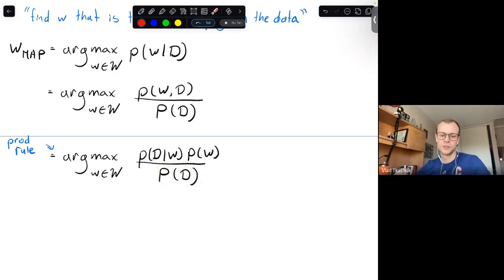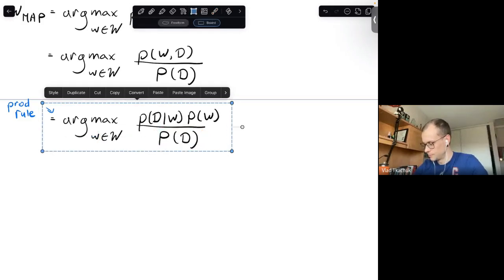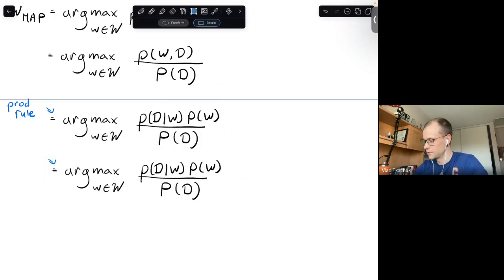It just scales the function value, and adding or subtracting a constant also doesn't change anything. So the maximizing W is not affected by this term, and we can just remove it. Okay, and now we get to something that has a nice interpretation as to what's going on. So I remove this denominator.